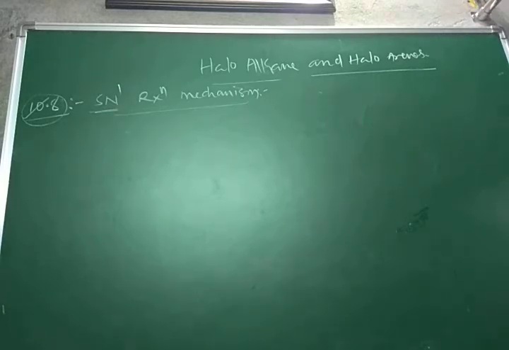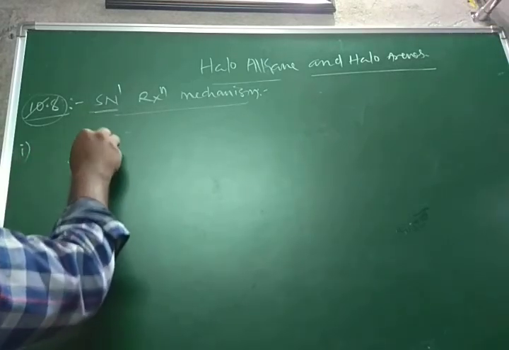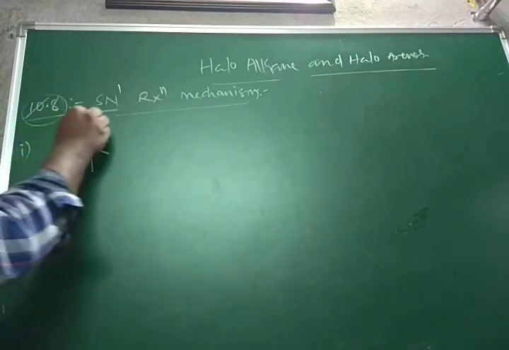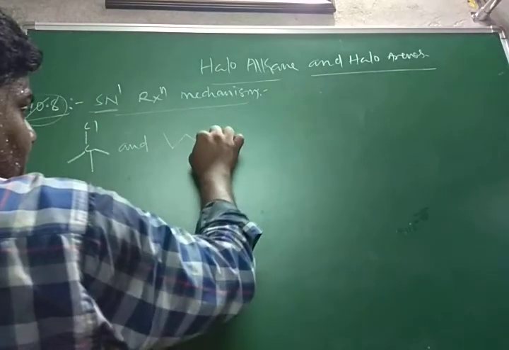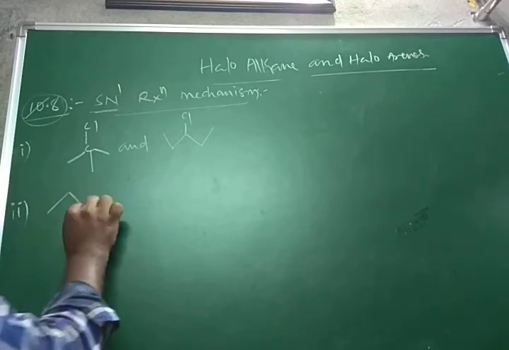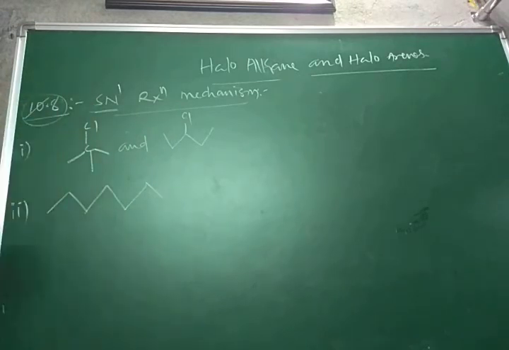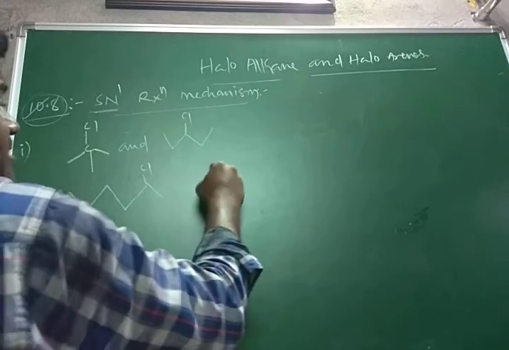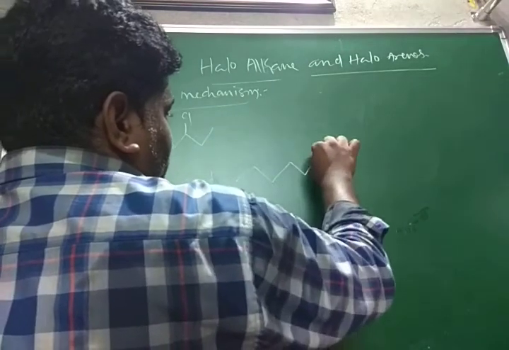SN1 example. First example is carbon and chlorine, and another one is chlorine, and the second one is 1 2 3 4 5 6 7, 1 2 3 4 5, 1 2 3 4 5 6 7, and at one position, this position has a halogen, and another one is, last, 1 2 3 4 5 6.